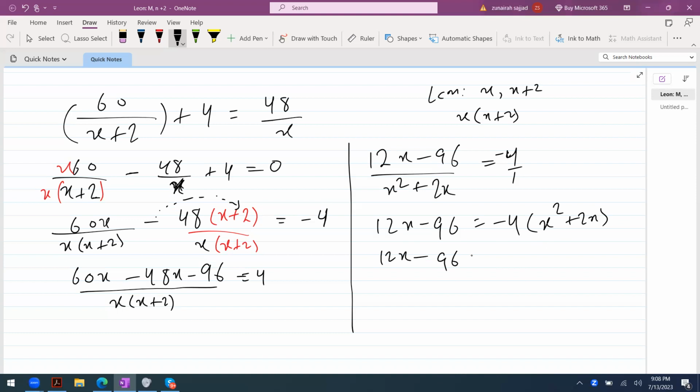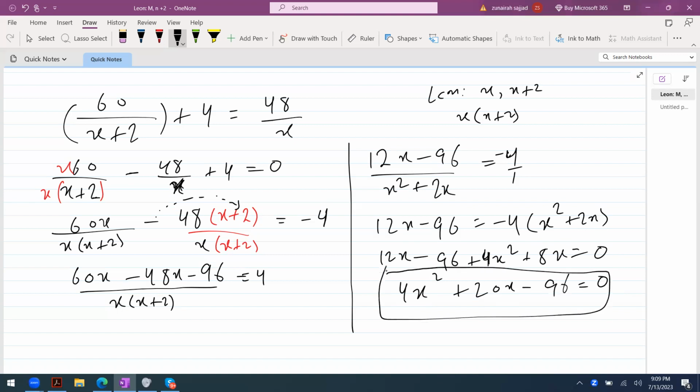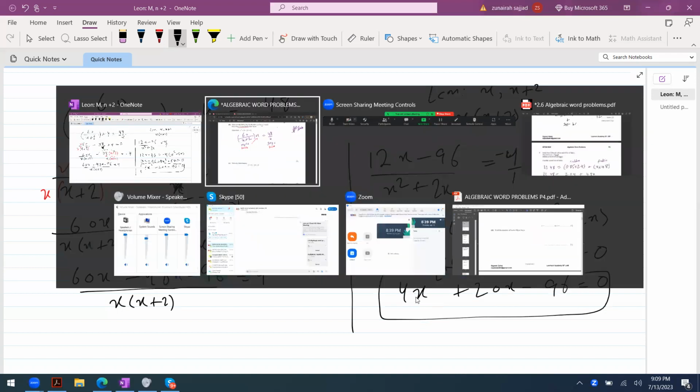Minus 4x squared on this side plus 4x squared. Minus 8x on this side plus 8x is equal to 0. So that becomes 4x squared plus 20x minus 96 is equal to 0. Right? Is it matching? Can we check the answer?